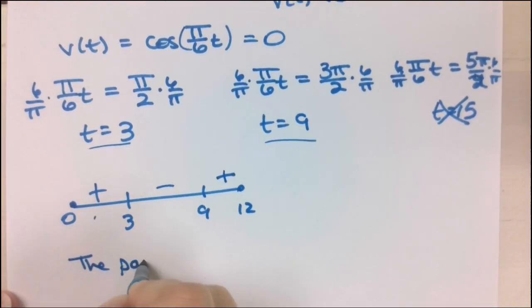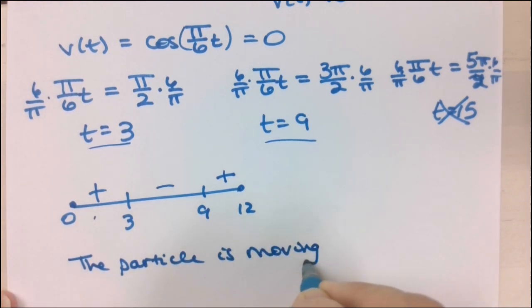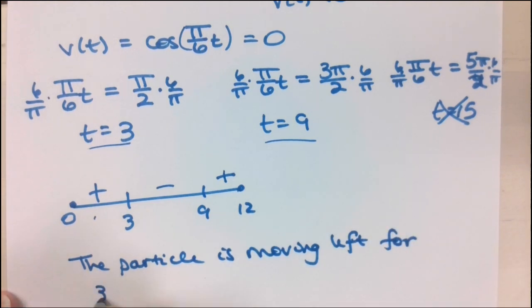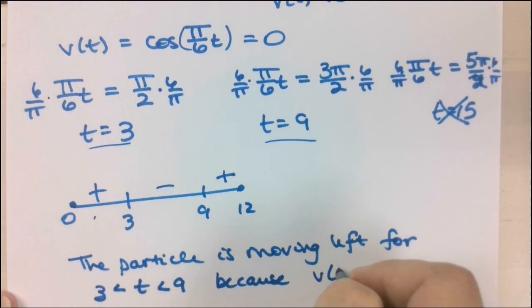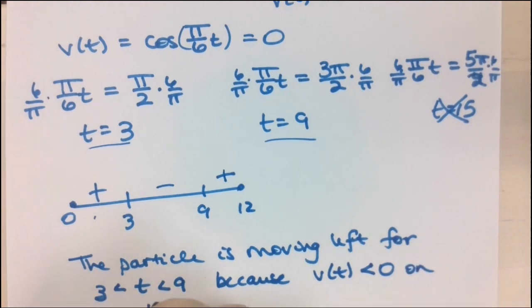But we need to answer the question. The particle is moving left for 3 less than t less than 9 because v of t is less than 0 on that interval.